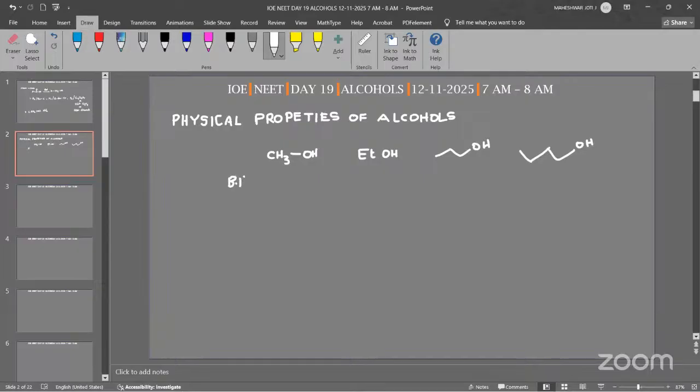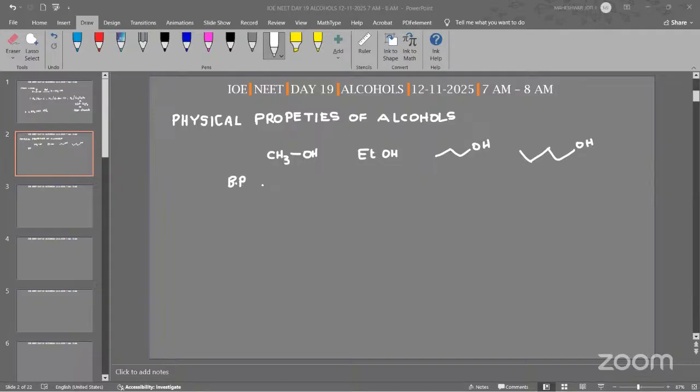See, boiling point is directly proportional to intermolecular attractions. If intermolecular attractions are more, boiling point will be more. Now, intermolecular attractions depend on surface area of the molecule.